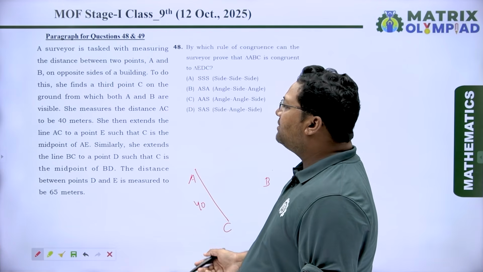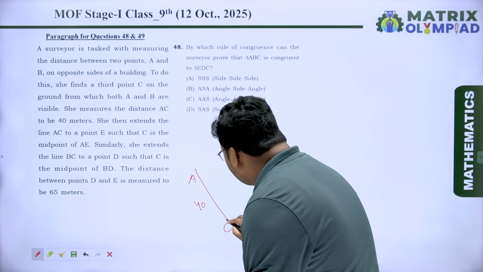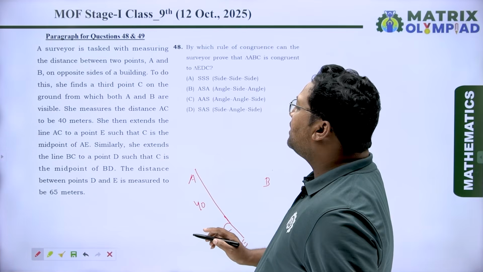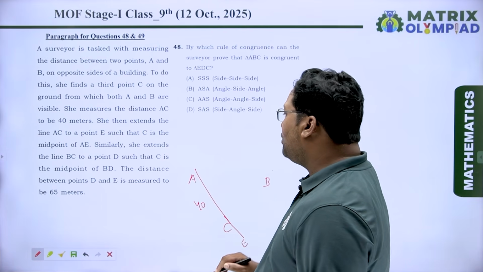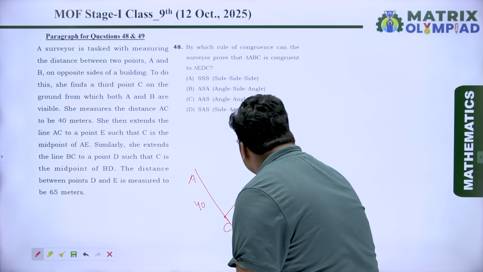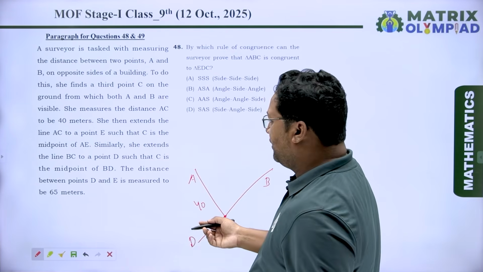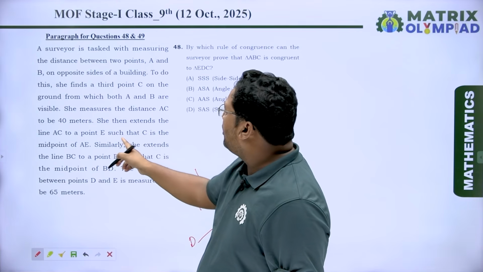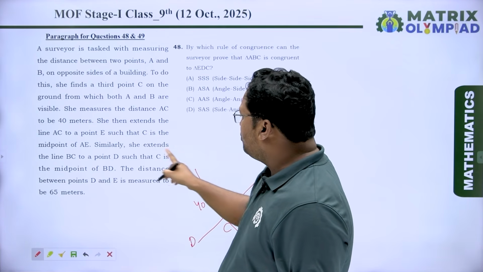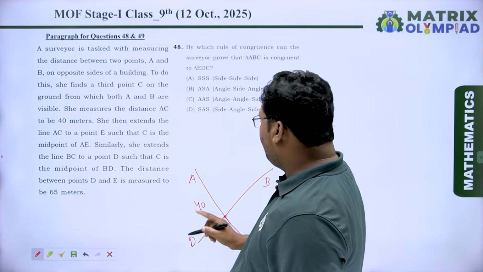The surveyor then extends the line AC to a point E. So we have to extend the line AC to the point E. Similarly, the surveyor extends the line BC to a point D. So here you can see this line is BC and we have to extend it to point D. Such that C is the midpoint of AE.